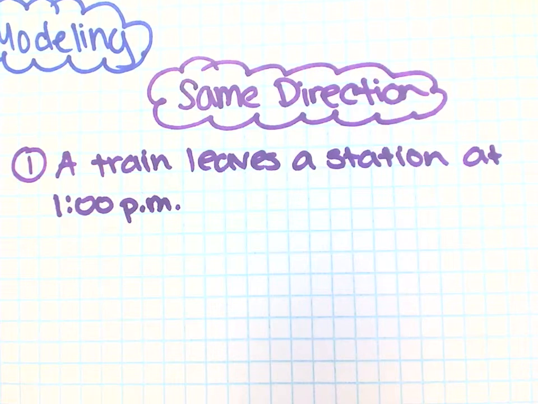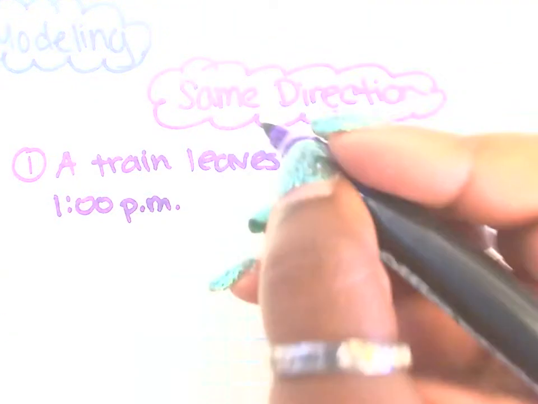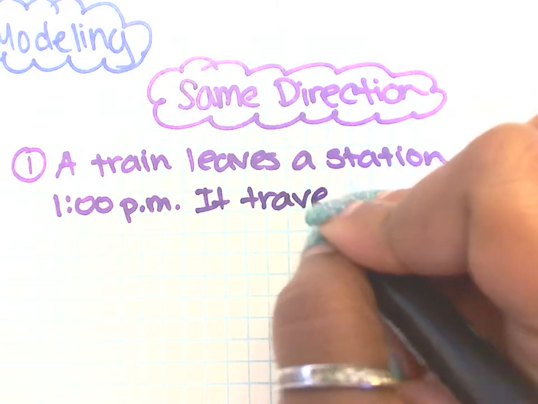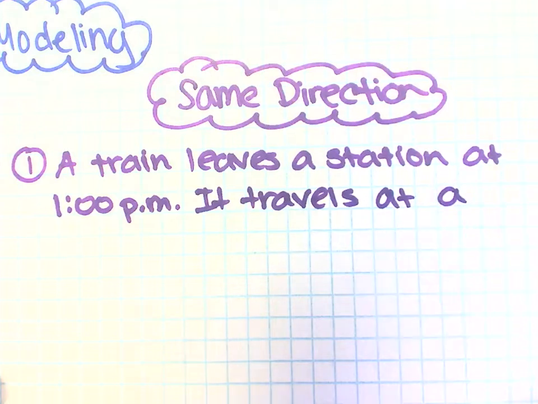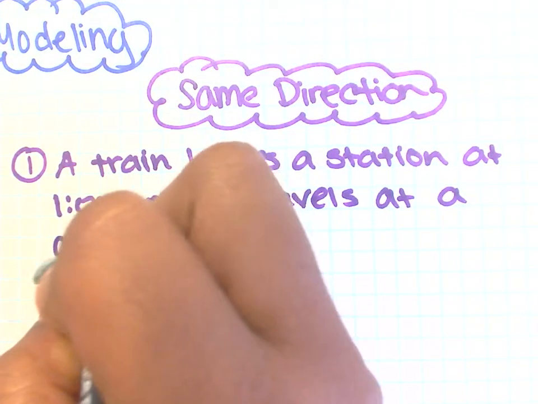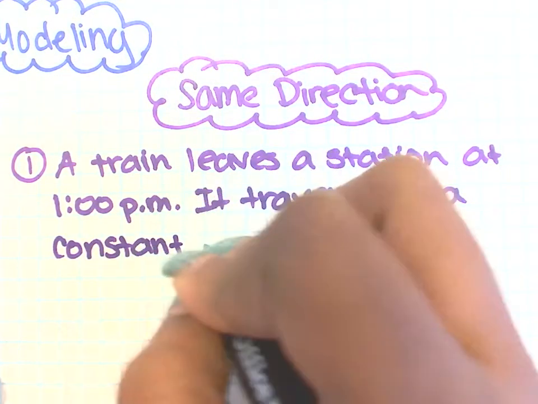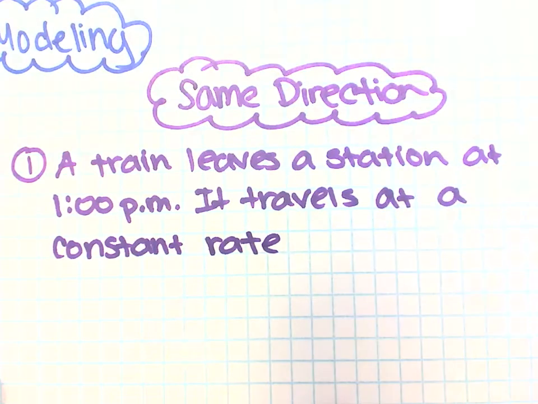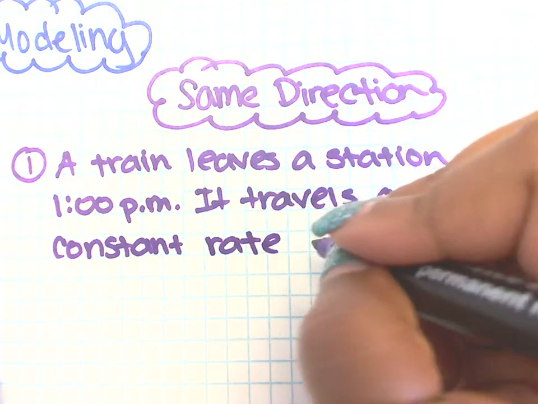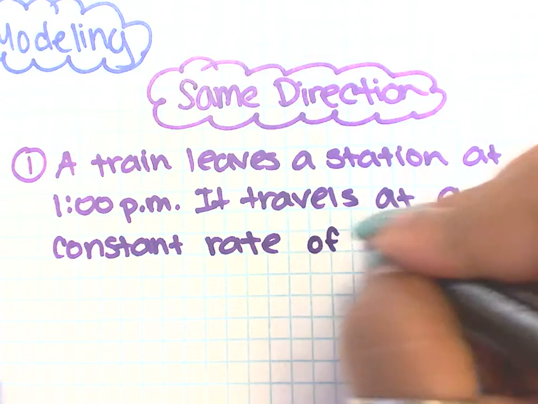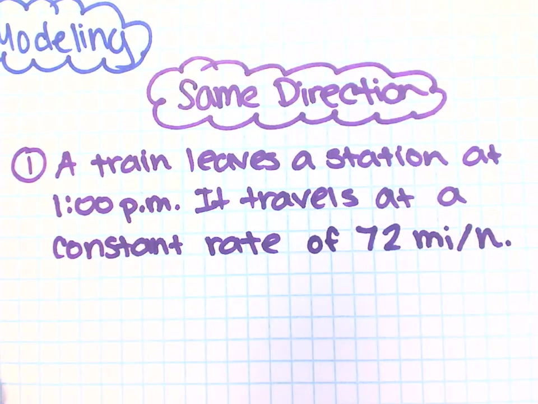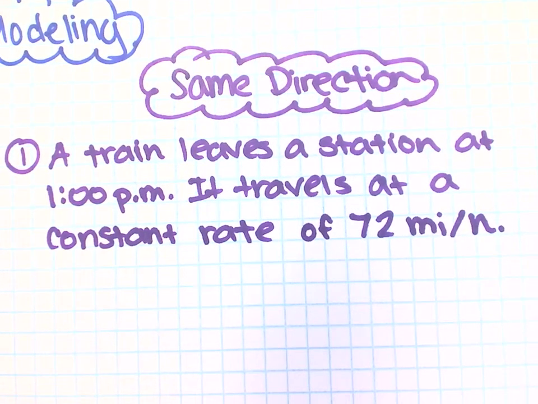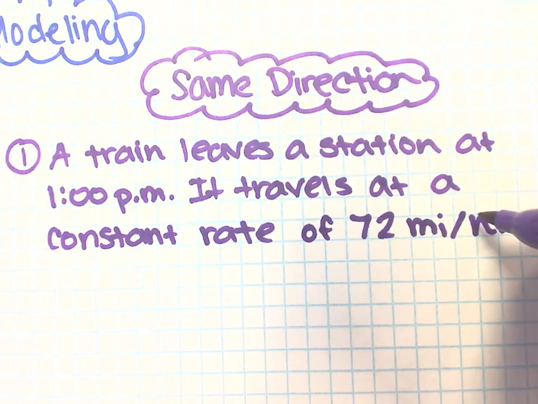Should be exact. It travels at a constant rate of 72 miles per hour. Miles per hour, MI per H.